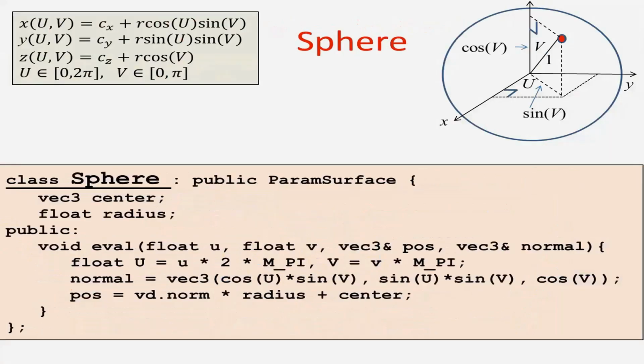The construction of a particular parametric surface means the definition of this evaluation function, which is just the implementation of the parametric equation, in addition to computing the normal vector. So, for example, if we consider the sphere, this virtual function should be implemented according to the equations of the sphere.